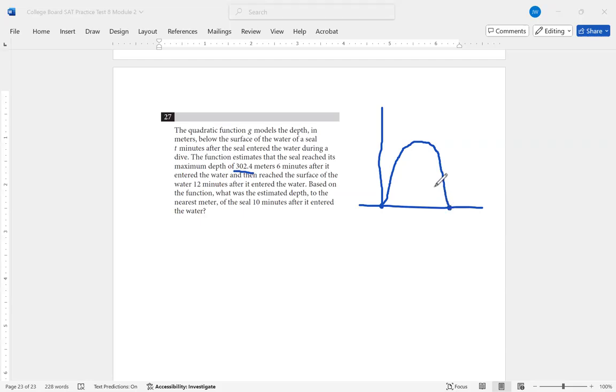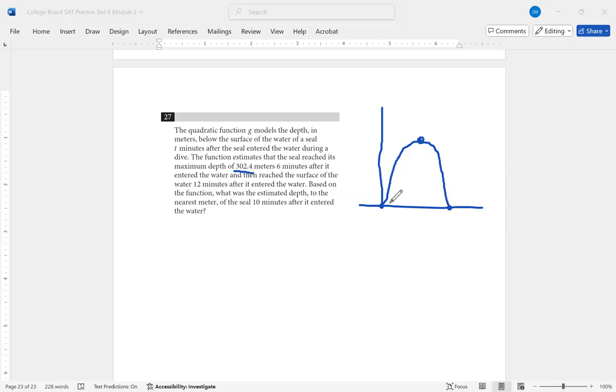Now, I know that's weird looking because it's inverted of what the actual seal is doing. The seal is going down and then back up. But if you want to use a positive depth, you can use that. If you wanted to use negative 302.4, then you could drop the other way too. But essentially, we're getting a quadratic here that is pointing down. And we know a couple of points on this quadratic.